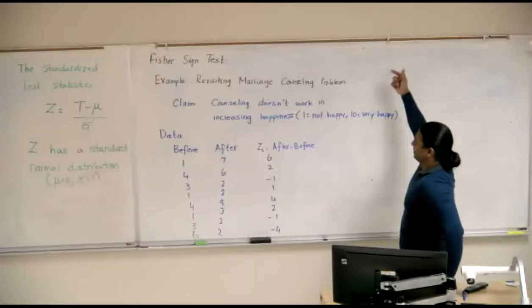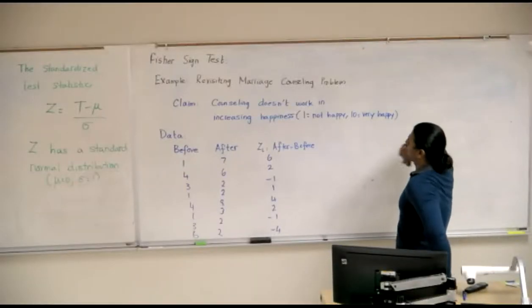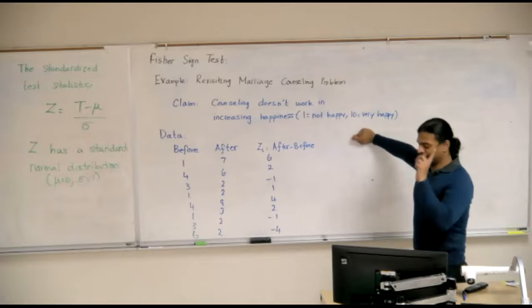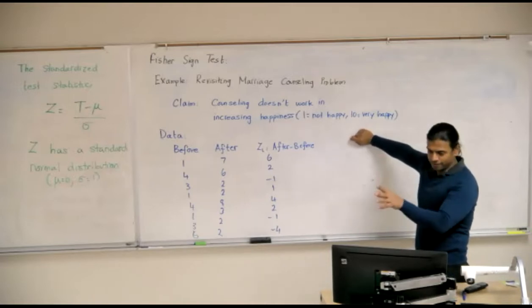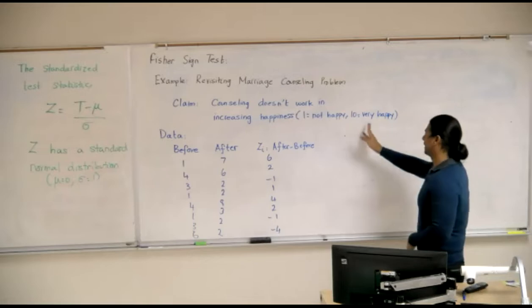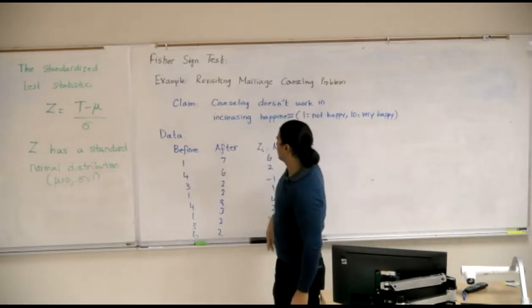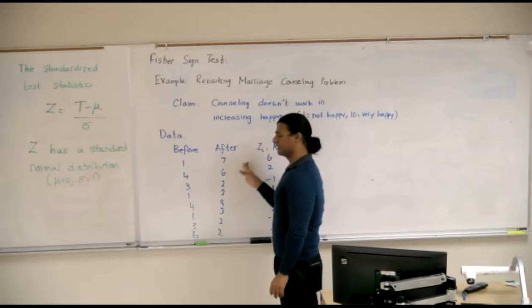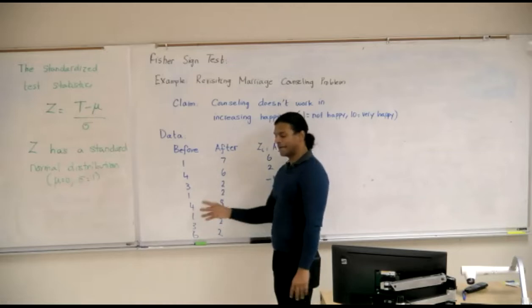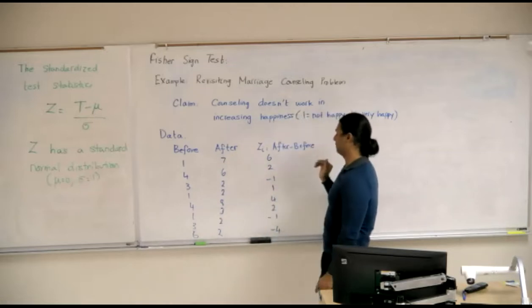Last time, in the marriage counseling problem, the claim was that counseling doesn't work in increasing happiness. 1 means not happy at all, 10 very happy. We had the data before and after, recording the happiness levels of 8 patients.